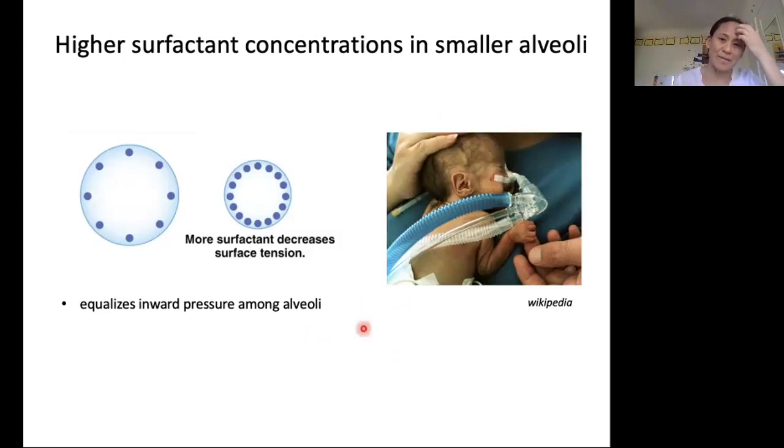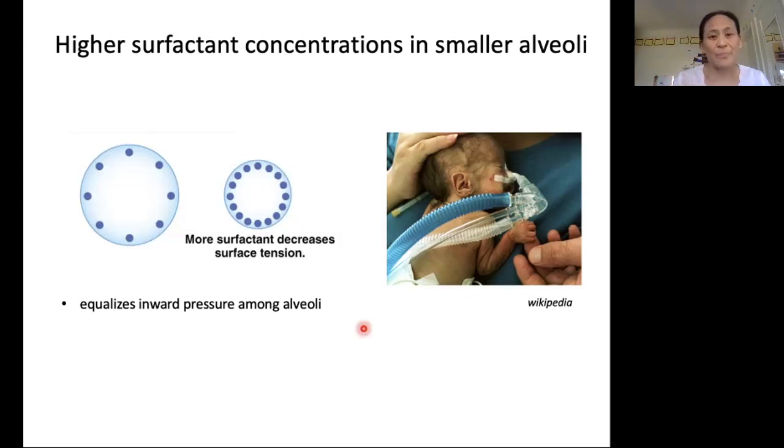Premature babies are often born with insufficient levels of surfactant because they don't develop that ability until late in gestation. As a result, their alveoli are harder to fill with air than those of a full-term baby, and they collapse more easily.